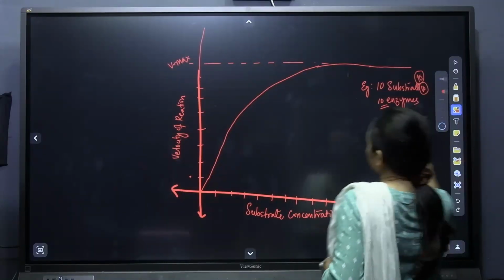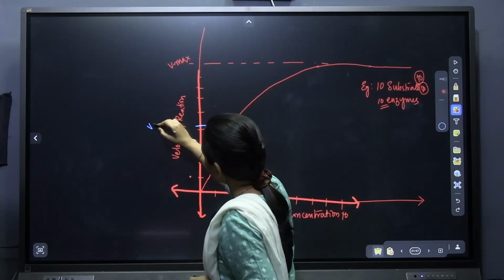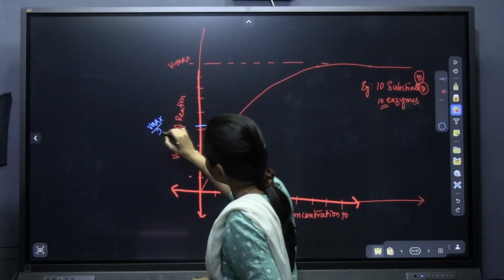And if we take half of the Vmax, this is Vmax by 2, this particular point.